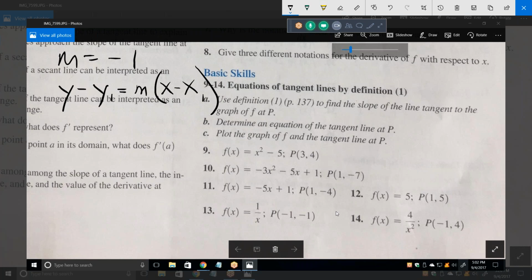Now, our slope is -1. Our point is 1 comma minus 7. What's the equation of this tangent line?